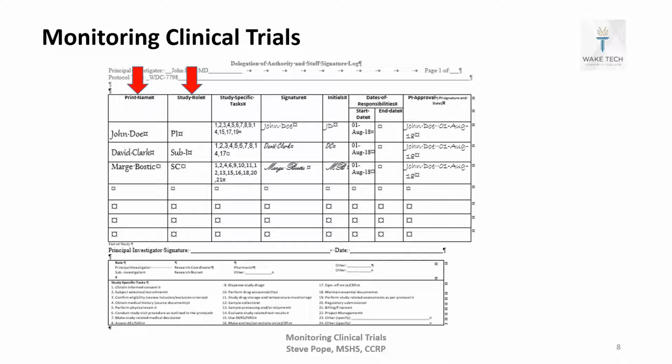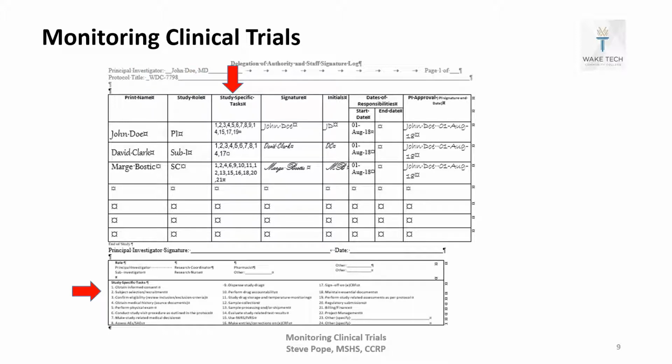No, they do not. Someone else can print it in there in the interest of being neat and tidy. You may also see these names typed in there, and that's perfectly acceptable. So you may see it either way, but we're going to see the name of each staff member that's been delegated a responsibility on our trial on this log and what their study role is.